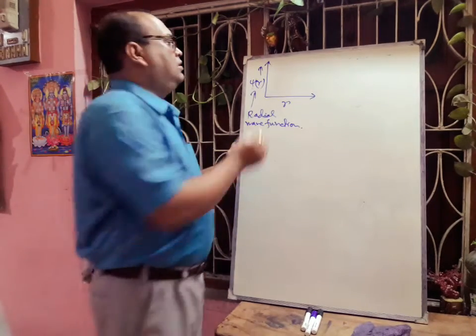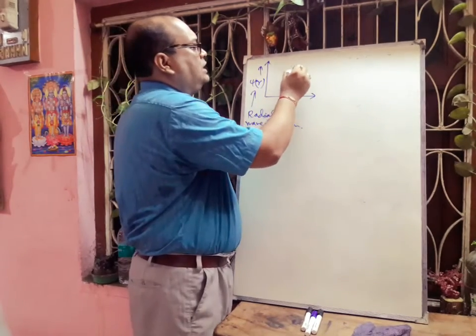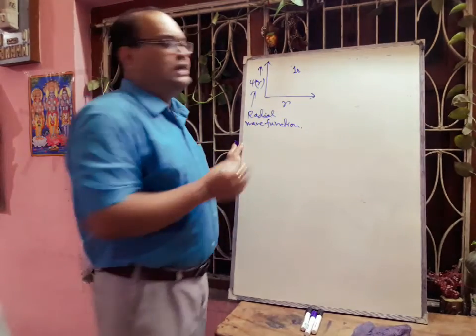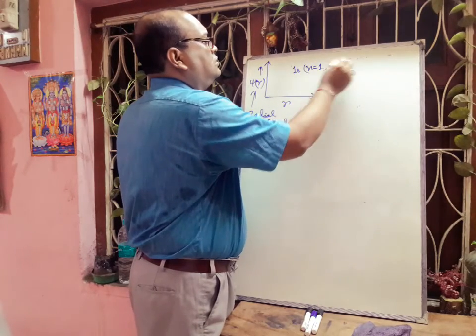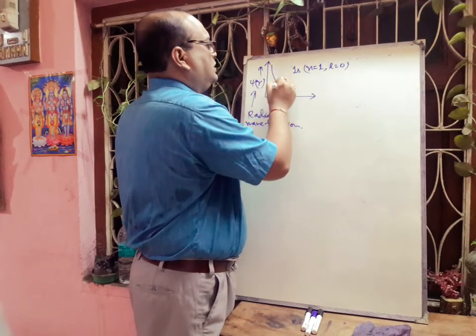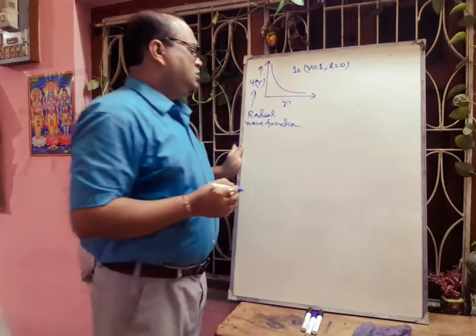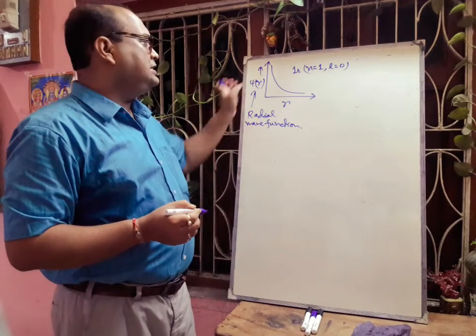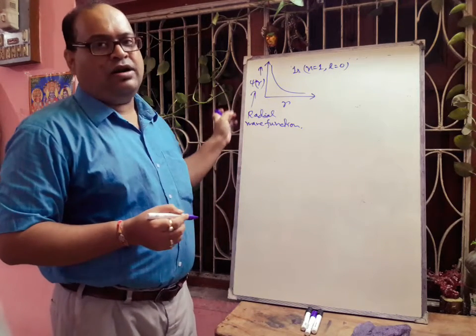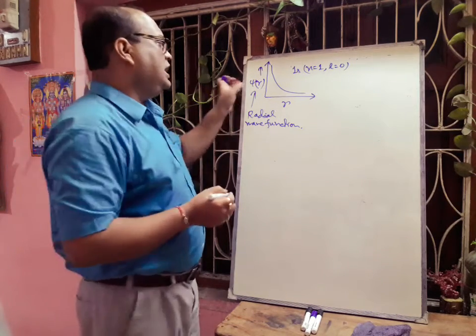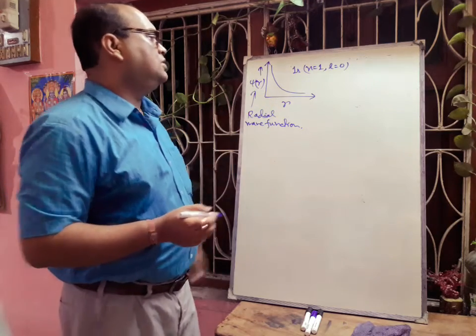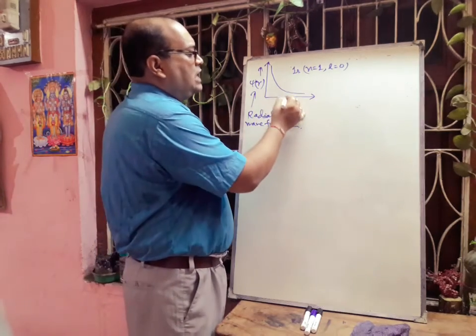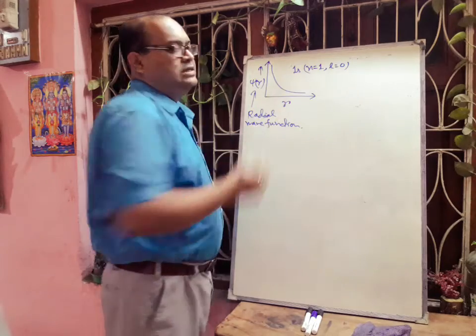Now, in case of the 1s orbital, where n is equal to 1 and l is equal to 0, the plot will be like this. That means the radial wave function, psi r, decreases if we increase the distance. Whenever we increase r, its value decreases.